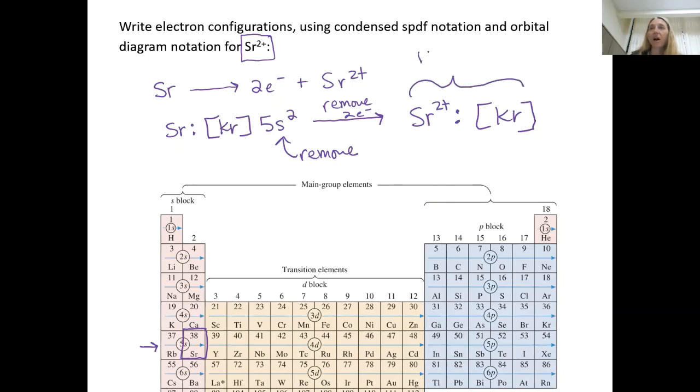These are called isoelectronic. It means they have the same electron configuration. Okay, so we removed those valence electrons and we're left with this krypton.